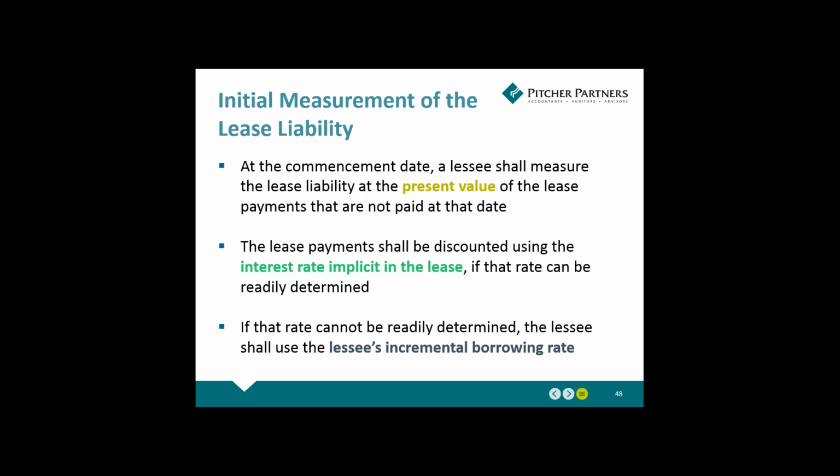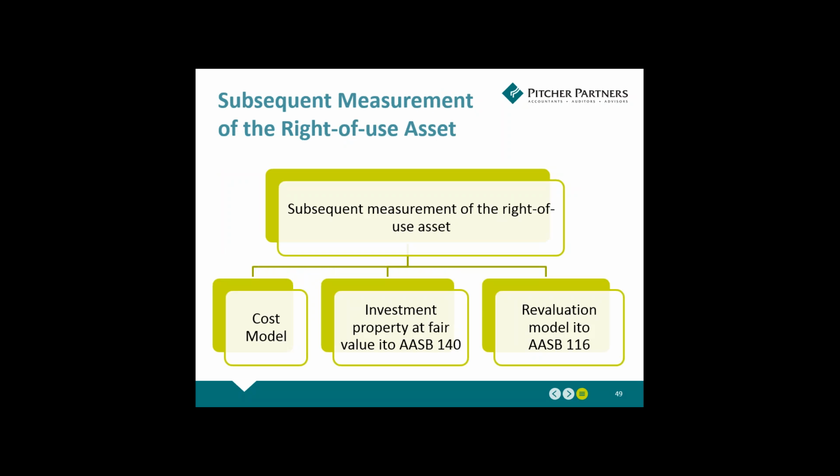So that's the order in which you do it. If you look at subsequent measurement of your right of use asset, there's different models. You could have used the cost model. You could have investment property at fair value in terms of AASB 140, or you could have the revaluation model in terms of AASB 116.